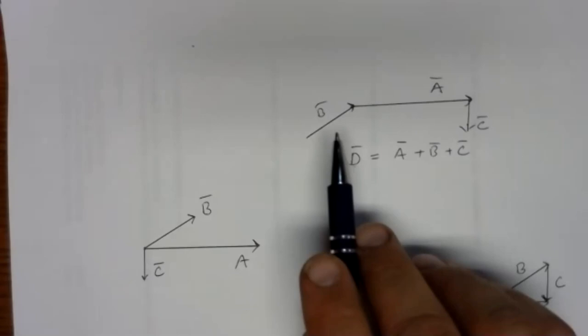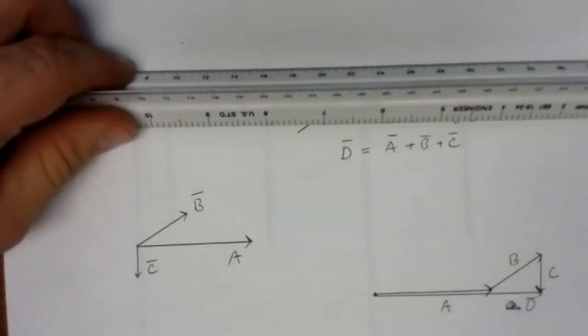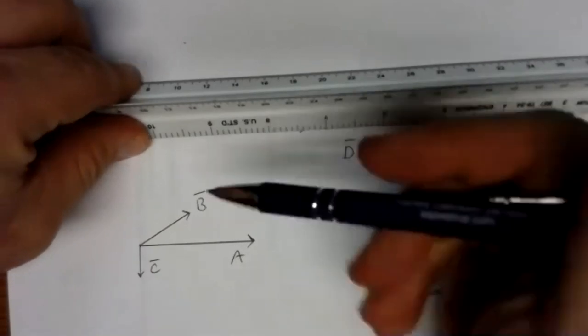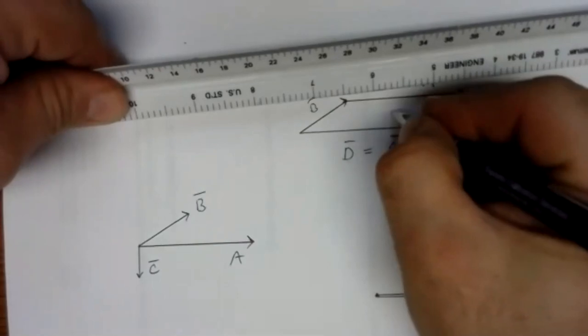The answer is going to be the same, an arrow from where we started to where we finished. So something like that. That would be vector D.